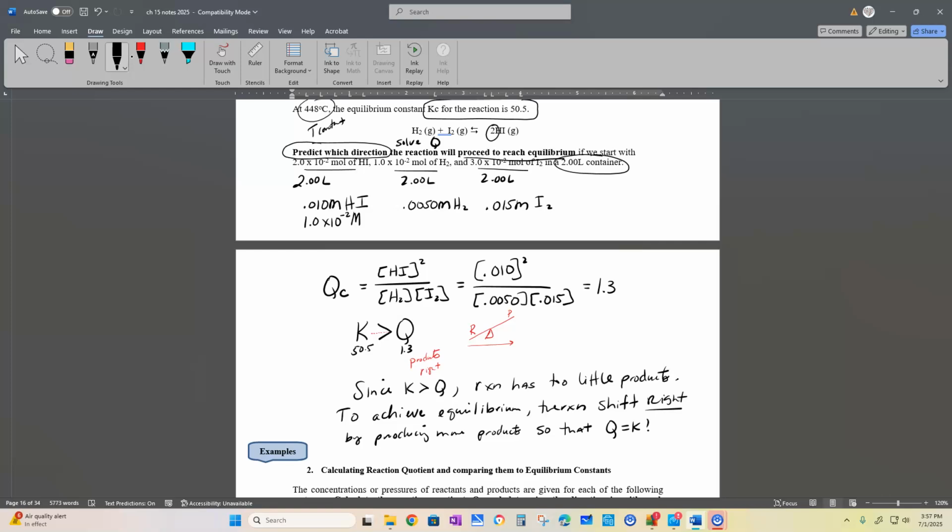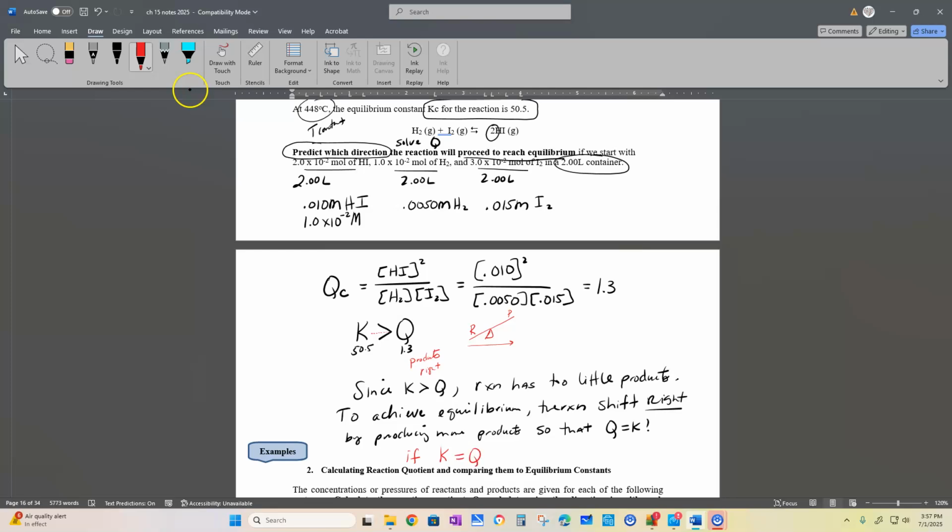So anytime AP wants to know which way, predict the direction to reach equilibrium, that is a ding, ding, ding. That's a Q and a K scenario. So here's my question to you. What if K and Q equal each other?